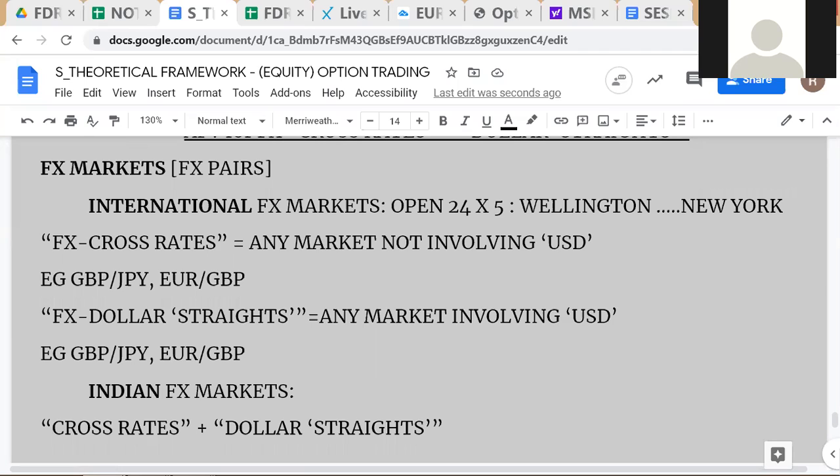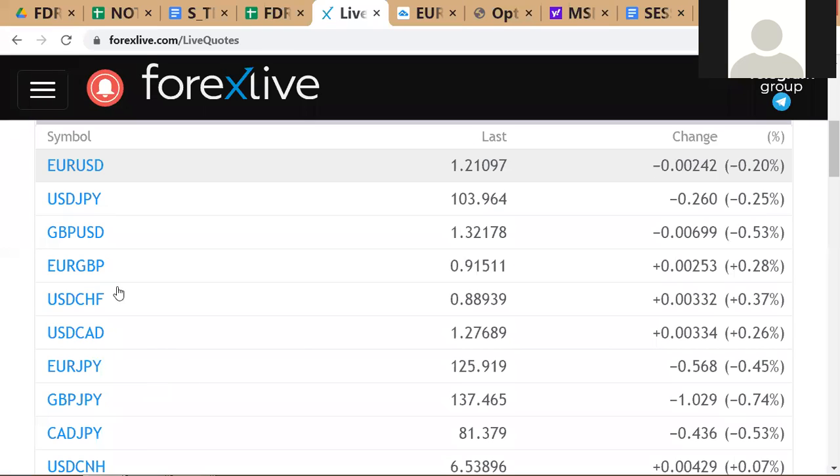I was trying to look for some cross rates, but you get the idea. We can look at it here itself. We can identify the cross rates.